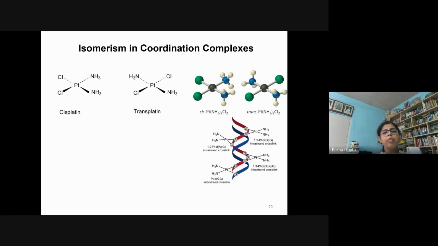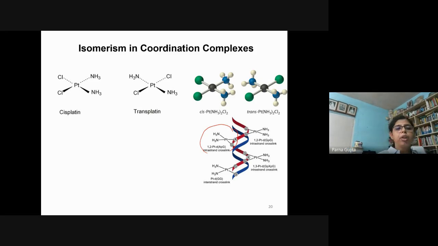Here it has been attached to the DNA linking. So you can see how this cis arrangement is helping. One thing, I am very sorry, I must have said this about the macrocyclic effect.